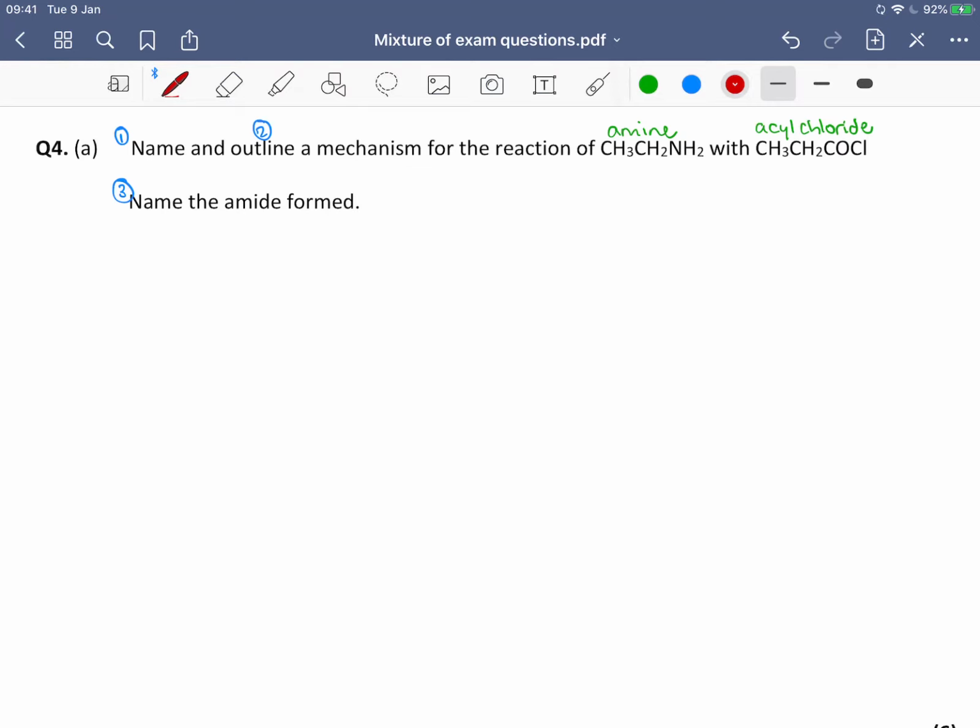because actually that will help us when we come to outline it. We've got an acyl chloride there that featured in our carboxylic acids and derivatives topic, and that only underwent one type of mechanism, and that was nucleophilic addition elimination.